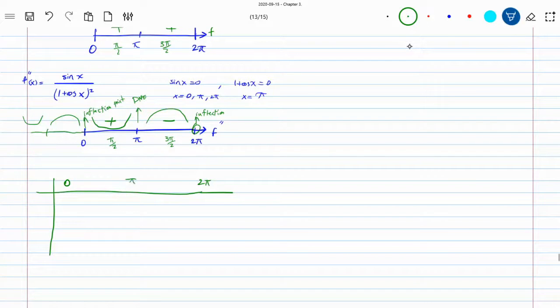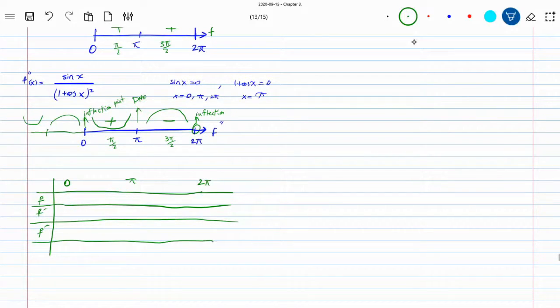I'll only pick this interval, then I'll regraph it. Function, first derivative, and second derivative. If I fill in all this data, then I should have a sketch of the graph.